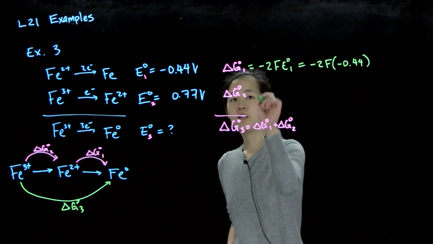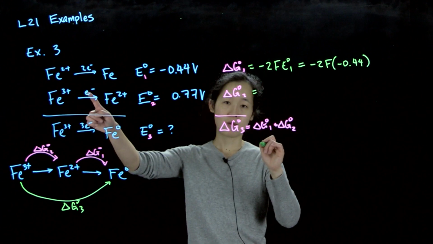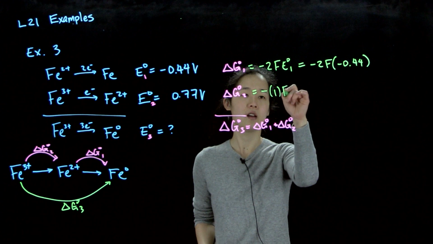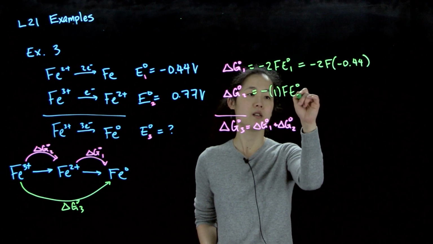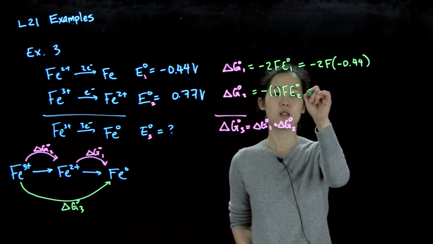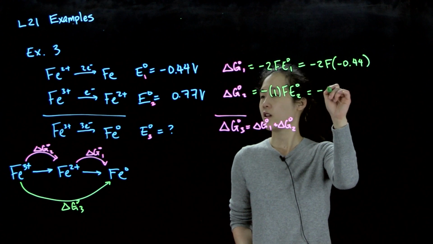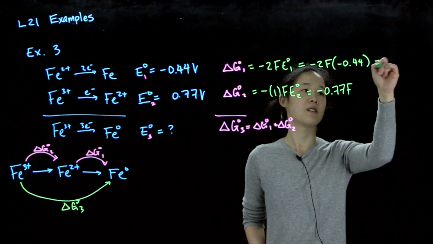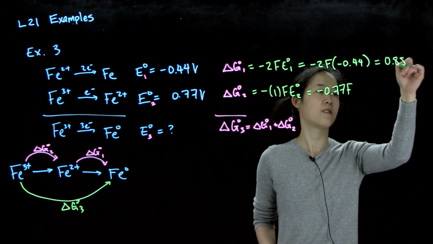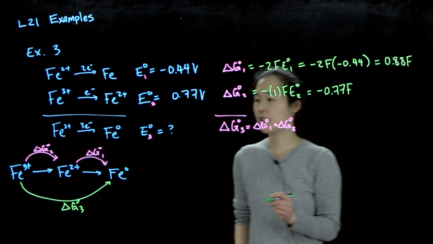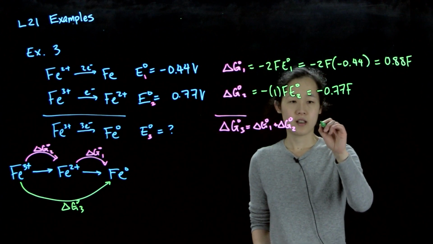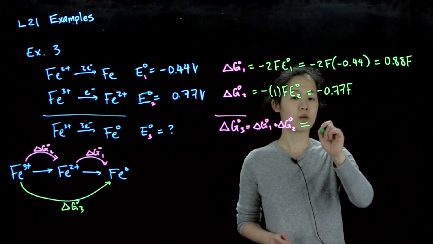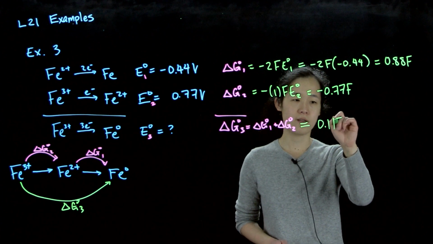And then delta G not 2 equals, this is a 1 electron process, so n equals 1, so this will be negative 1 F E not 2. So this potential, which equals negative 0.77 F. This one up here is positive 0.88 F. And then our final delta G not 3 over here is going to be the sum of these. So this should equal 0.11 F.